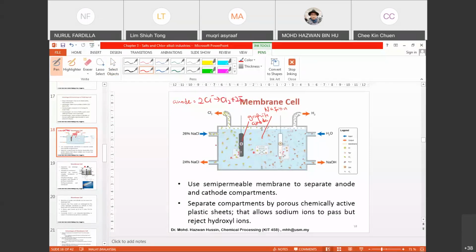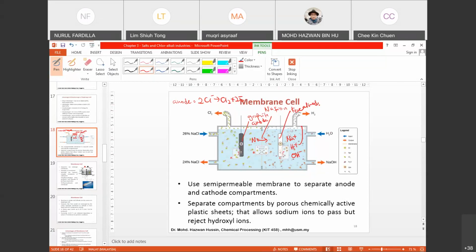Okay. And then the sodium ion can still penetrate, passing through the Nafion to react with water, because over here water will be pumped in. So you will have Na plus, H plus, OH minus. Of course H plus will be reduced, because here you still use an iron cathode.